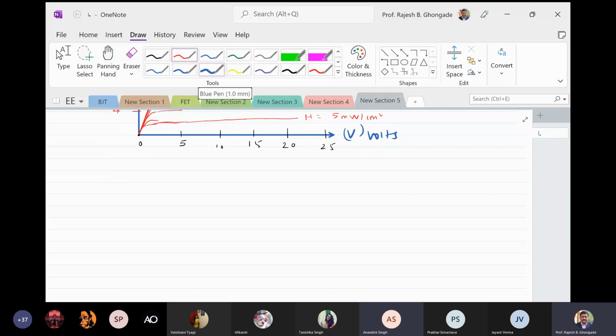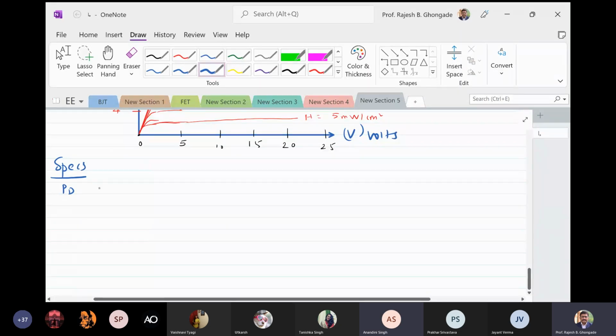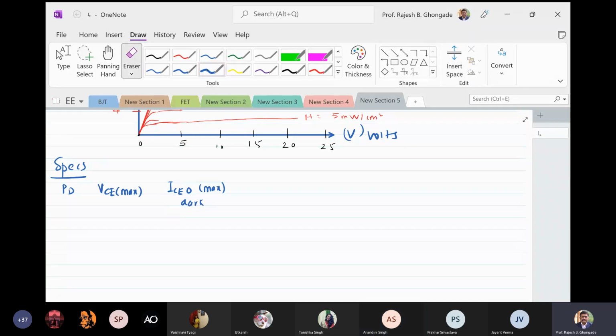Okay, let us see specifications of a typical device. Again, the power dissipation. And you have VCE max. That is the maximum voltage you can apply across the collector and emitter. Then you have ICEO max. That is the dark current when VCE is 10 volts, a typical condition.